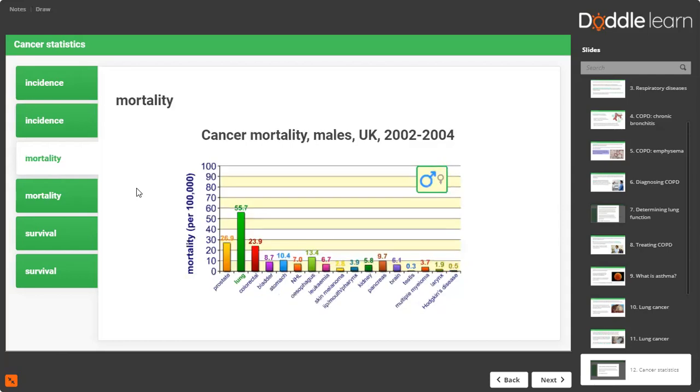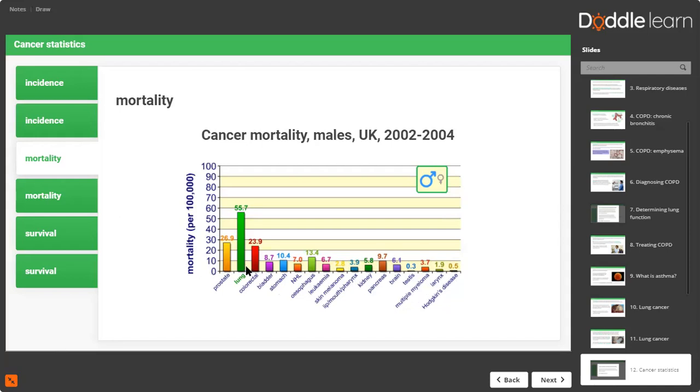So we've got these in the same order of their incidence, but this time we're looking at the mortality rate for males. Like I said, prostate cancer, whilst it's the most common occurring in males, does not have as high a rate of mortality as lung. It does still have a high rate of mortality, and obviously that has a correlation with the incidence rate.